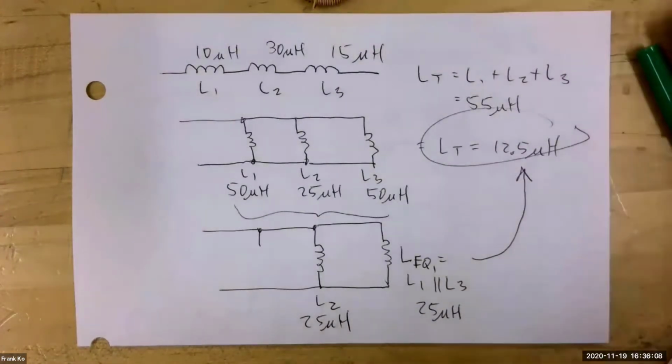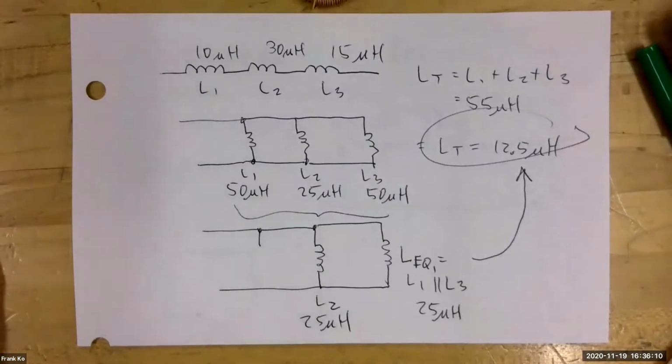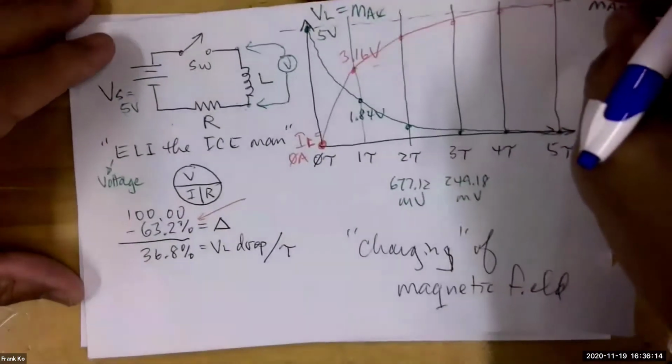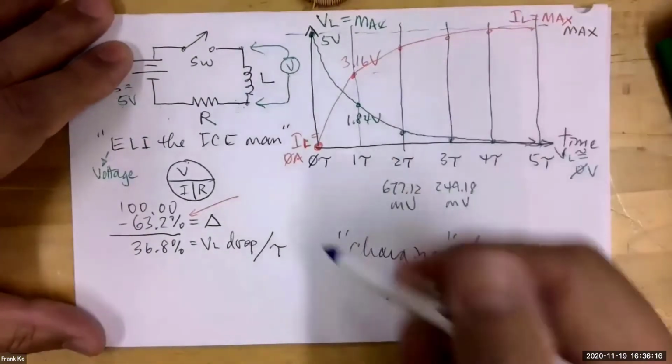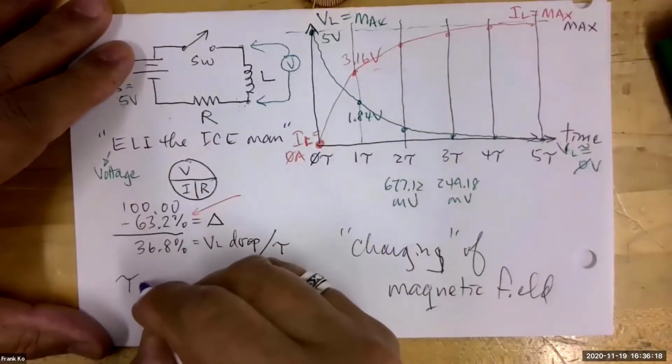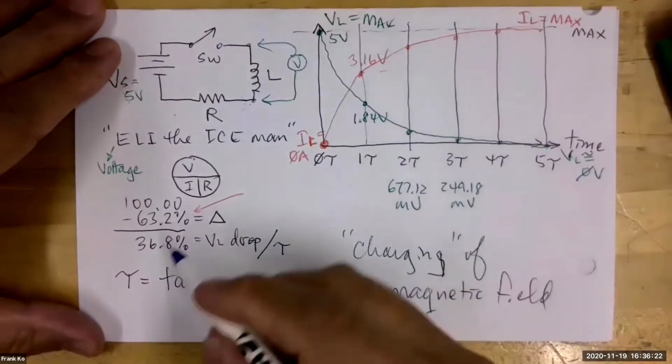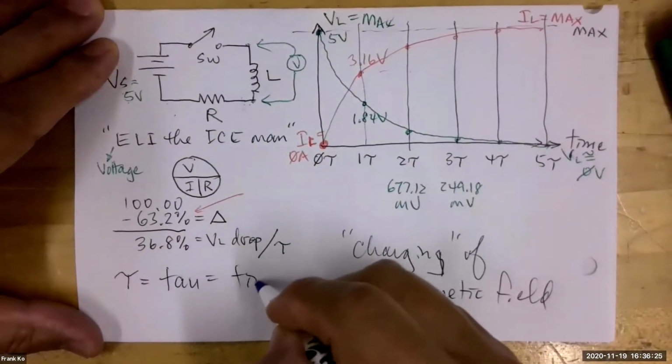All right. Now, if we go back to the time constant for a moment. Tau, that symbol is TAU, is the time constant.